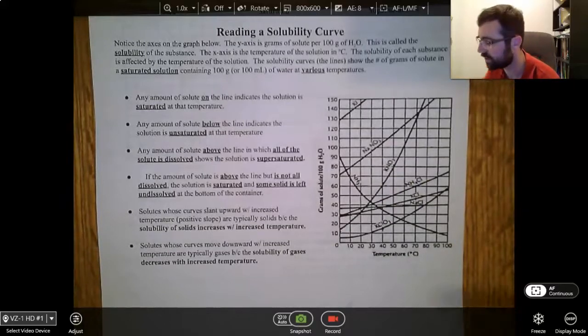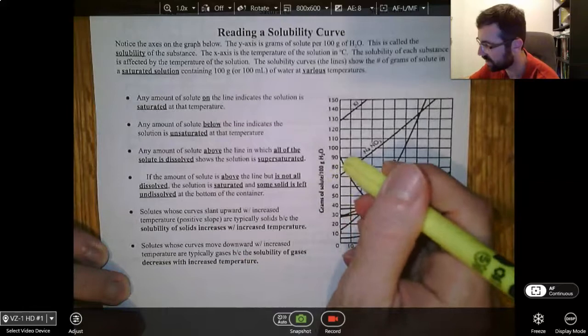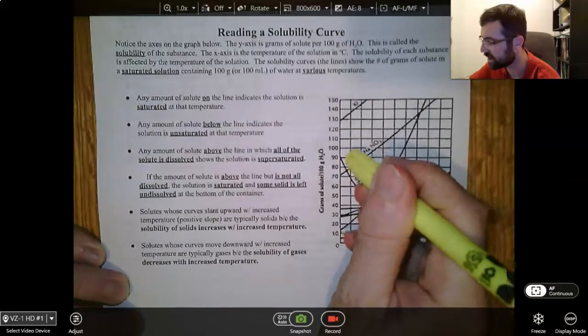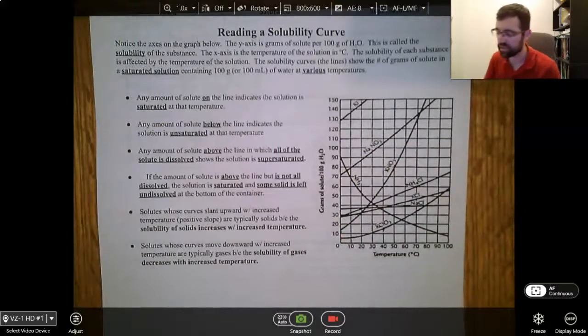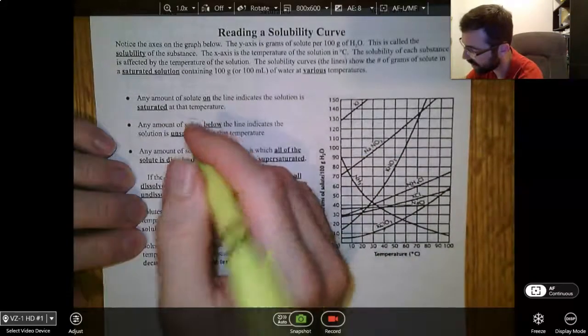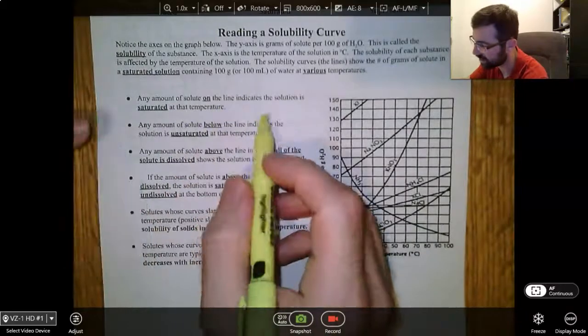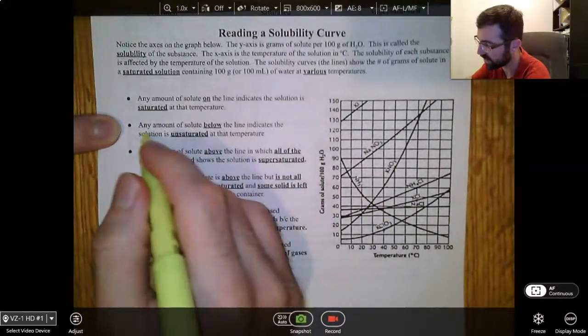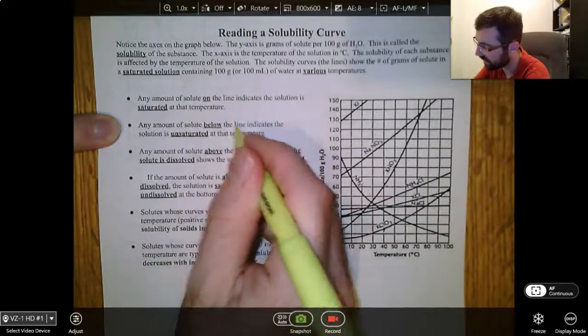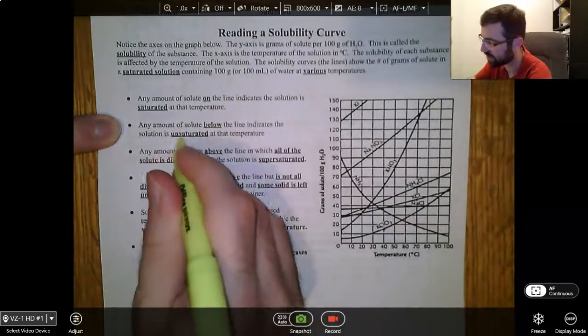It's temperature specific, and that is the saturated solution. That's the most that will dissolve, 80 grams. So any amount of solute on the line indicates the solution is saturated at that temperature. Any amount of solute below the line indicates the solution is unsaturated at that temperature.